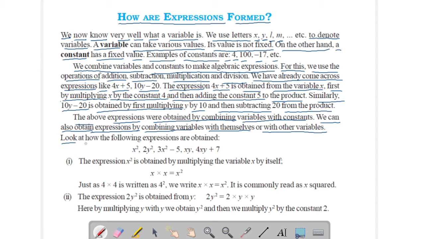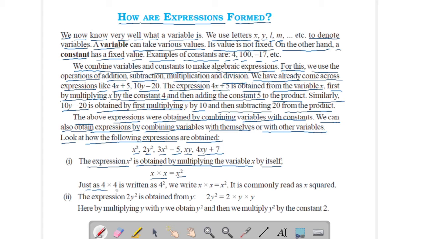Look at how the following expressions are obtained: x square, 2y square, 3x square minus 5, xy, 4xy plus 7. First, the expression x square is obtained by multiplying the variable x by itself. That is x into x, you will get x square.